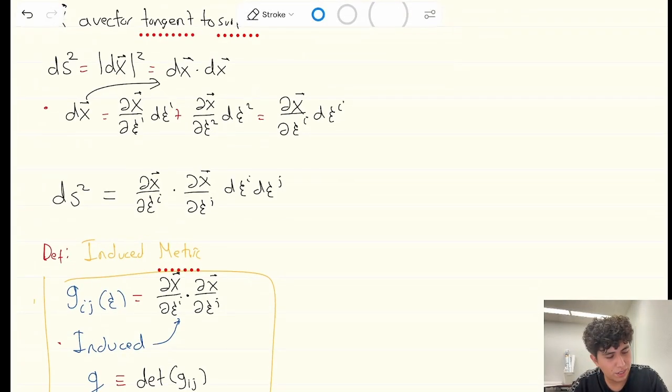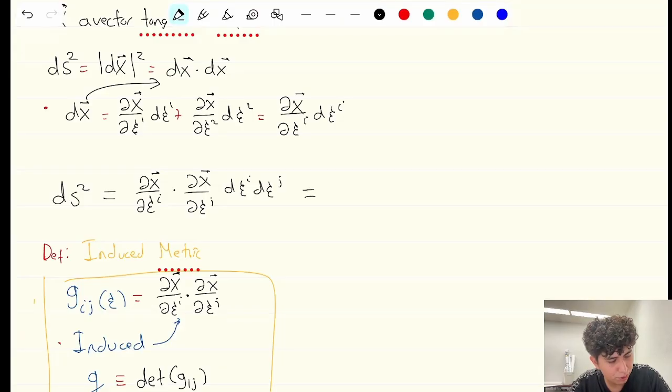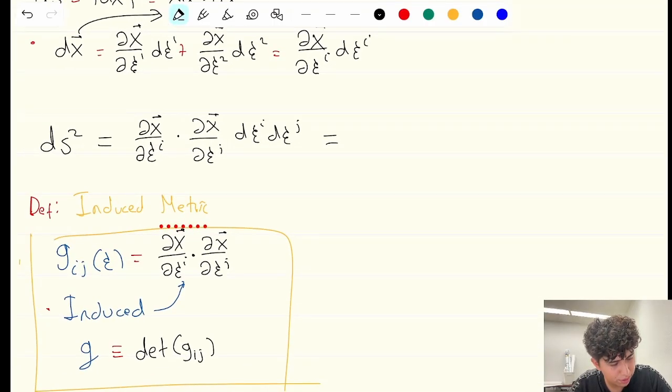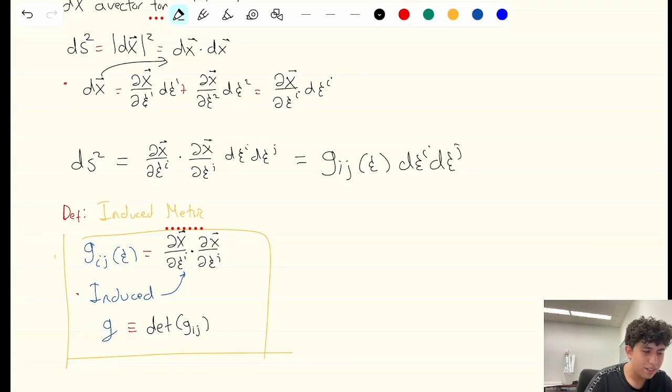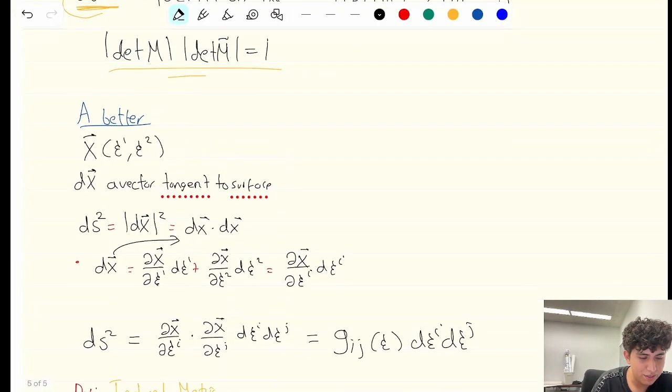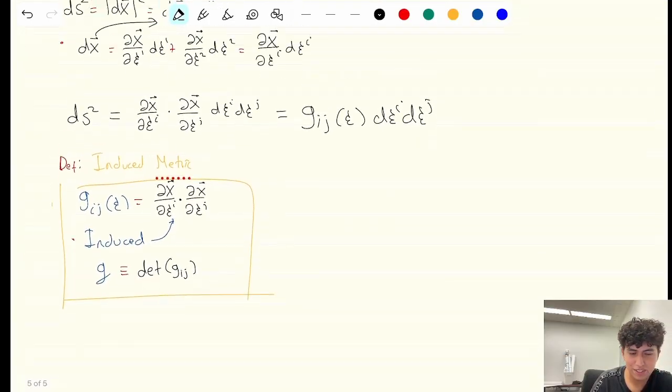Now we can write this in a more compact way. We could just write it like g_ij, parameter i, parameter j. What this allows us to do is to simplify everything.